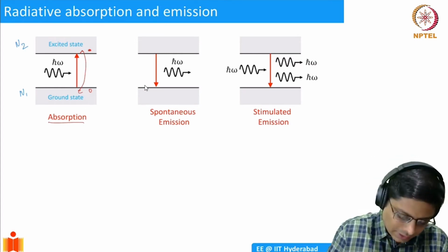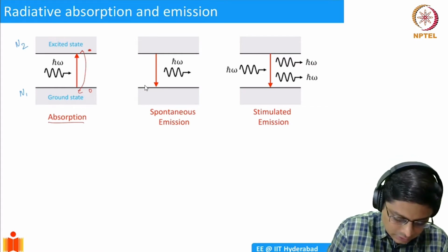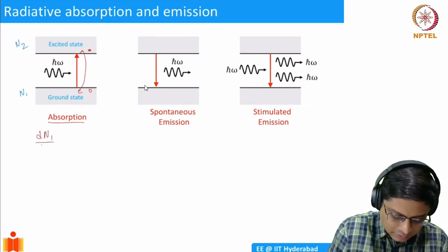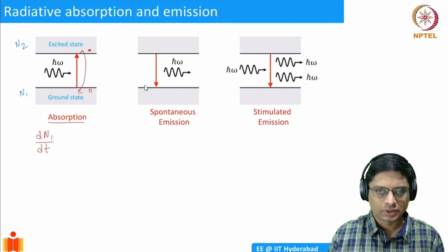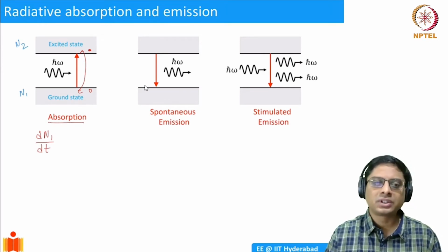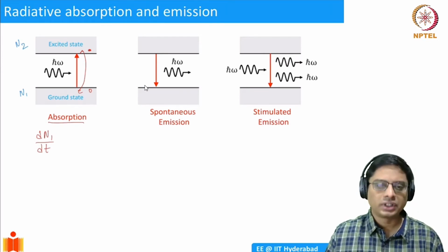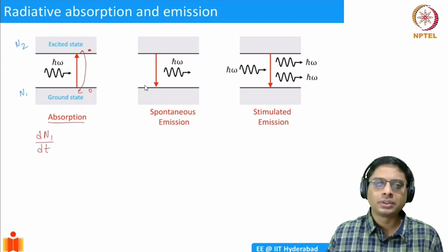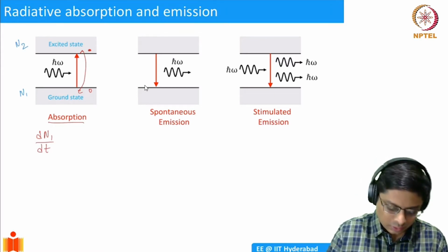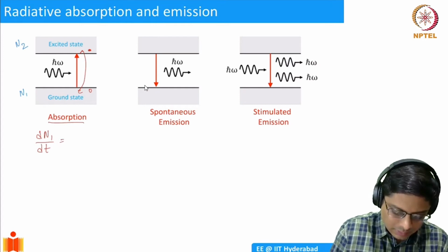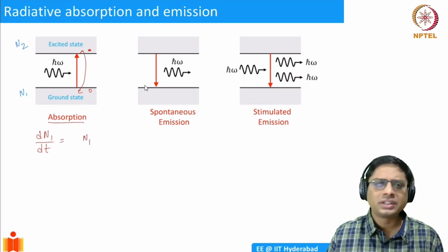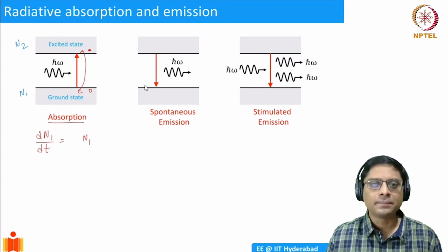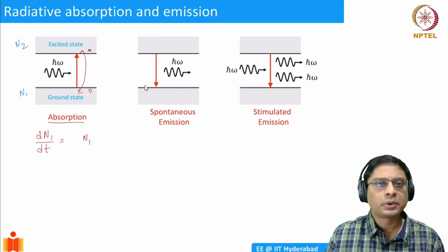Okay, so that I can write as, let's say, the derivative of N1 with respect to time. Okay, let's say I'm shining some photons. So how will the population of the lower state change? Of course, it is going to be proportional to the number of electrons in the lower level. So that will be proportional to N1, because if there are no electrons present in the ground state, then there is no absorption that is possible.